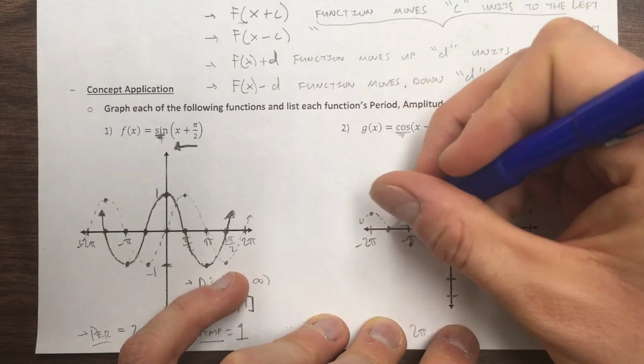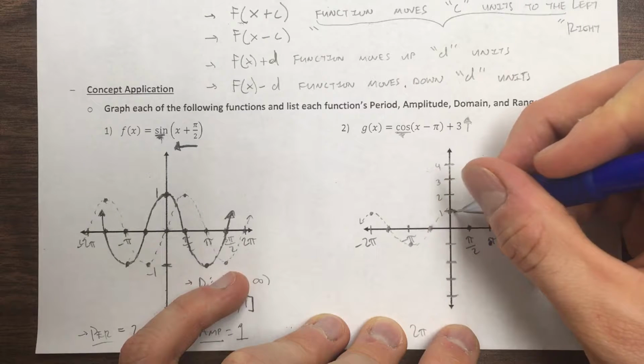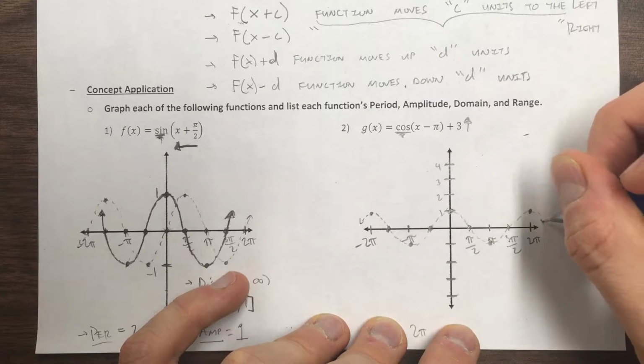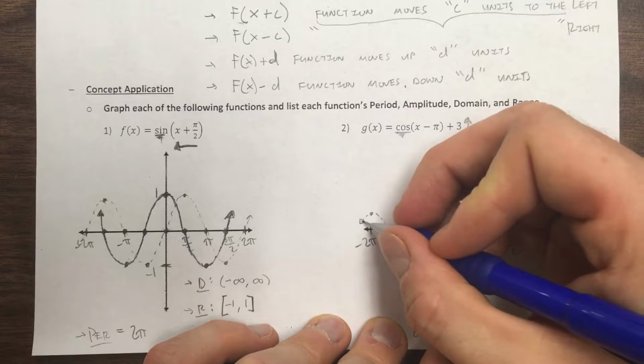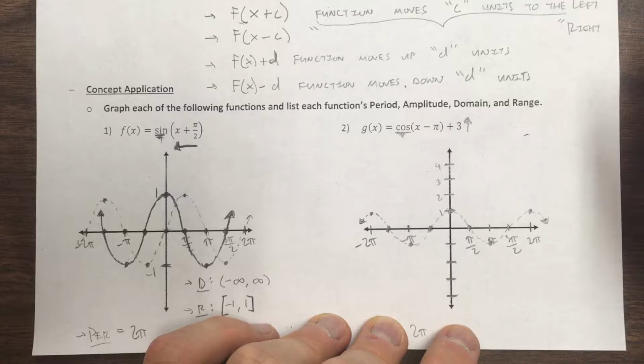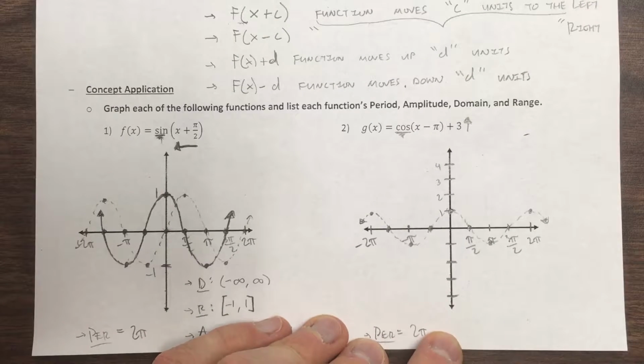Again, I'm going to use a dotted line because that's our parent function. It's not our actual function. So we have our y scale, we have our x scale, and we have our parent function. Now we just need to perform the actual transformations.